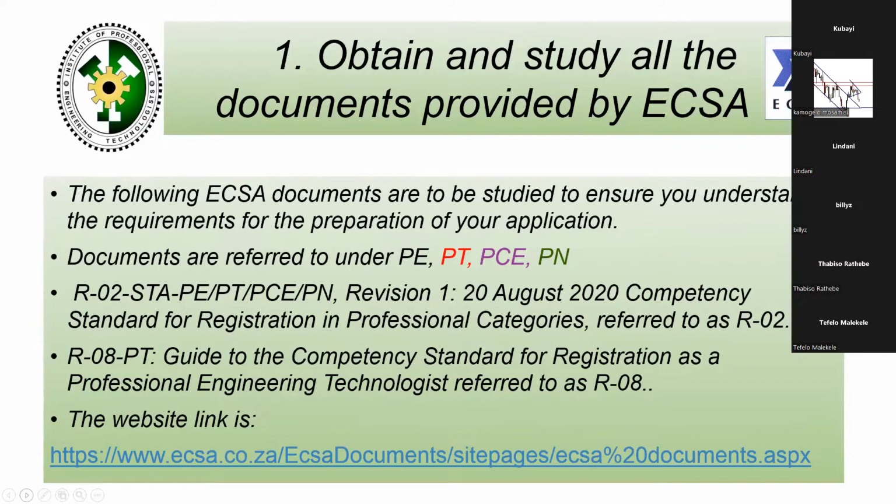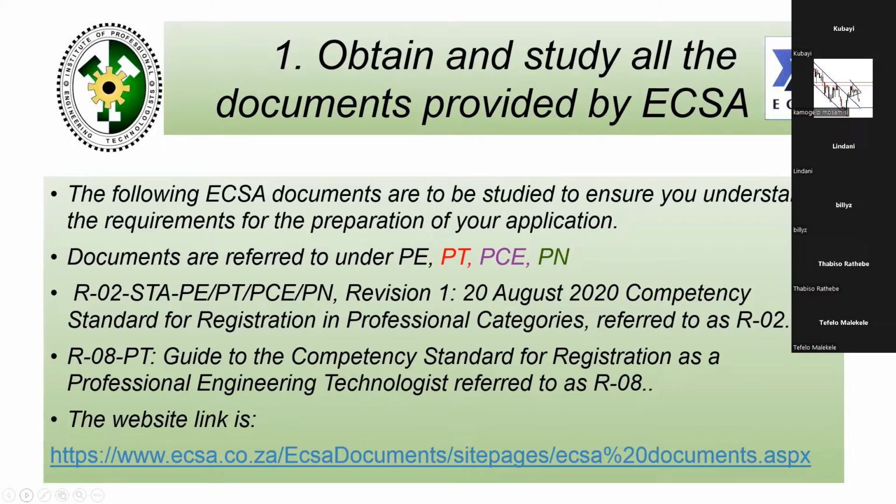ECSA has provided a lot of documents, and at the time when I was on the registration committee, which obviously is a couple of years ago, things were not so clearly set out. Today, everything is set out clearly, and there's lots of documents, and the documents are referred to under either PE, PT, PCE, or PN.